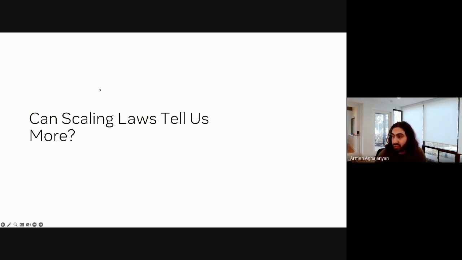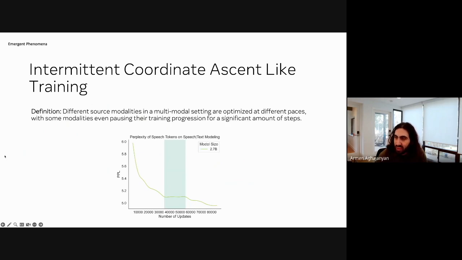Okay, so going back, we can predict some nice properties of training, but can scaling laws fundamentally tell us more about the actual training of language models? The very first thing is what you just mentioned: we saw this intermittent coordinate ascent-like training.